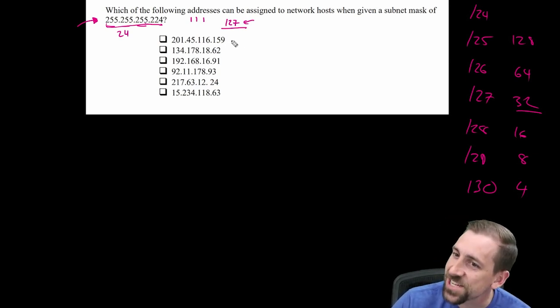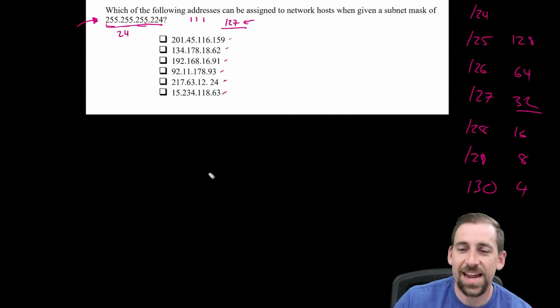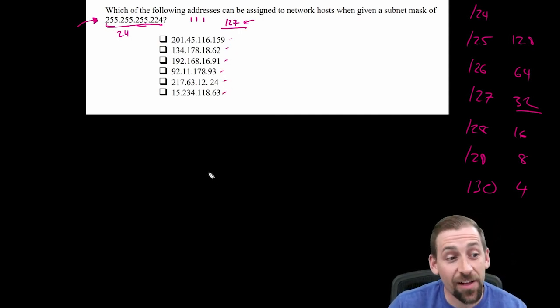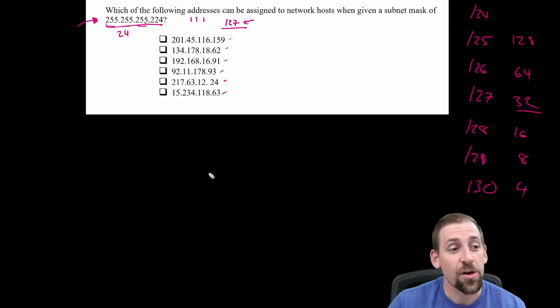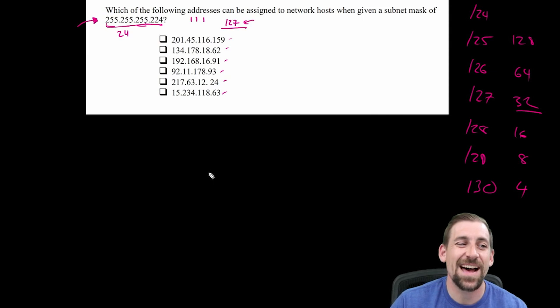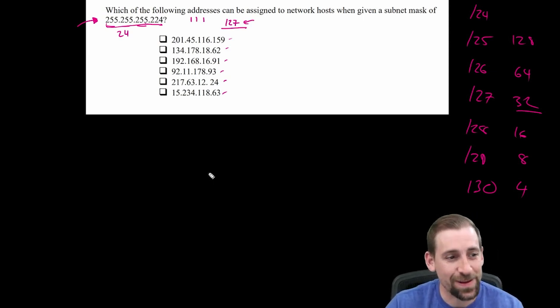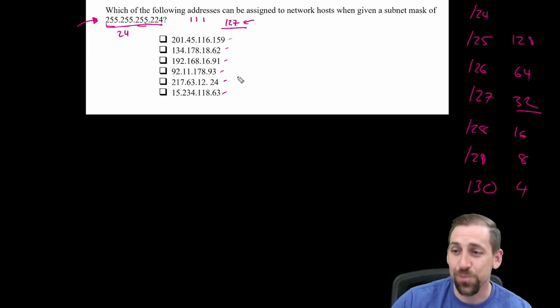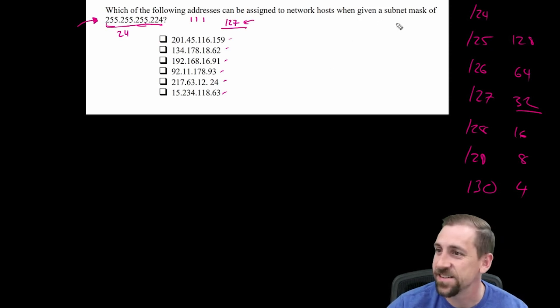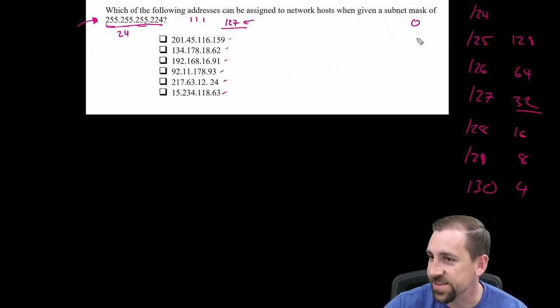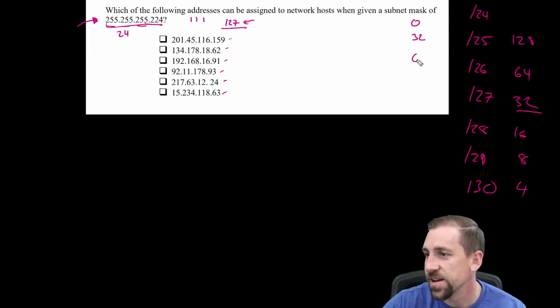So what that means is I actually still just need to look at the 4th octet here. And I need to determine if these are valid host IPs with 32 address block sizes. What does that mean? Well, it means that each network is 0, 32, 64.